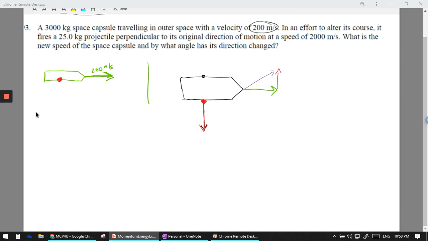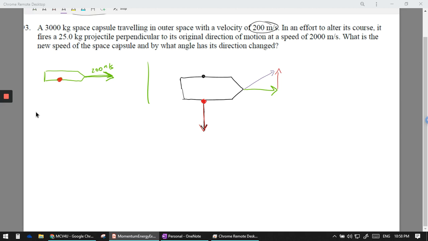So you kind of imagine that the ship maintains its forward green momentum, and this new red momentum is added on to it in the up direction because it shoots a block in the down direction. So the question is, let's just go ahead and figure out these momentums.